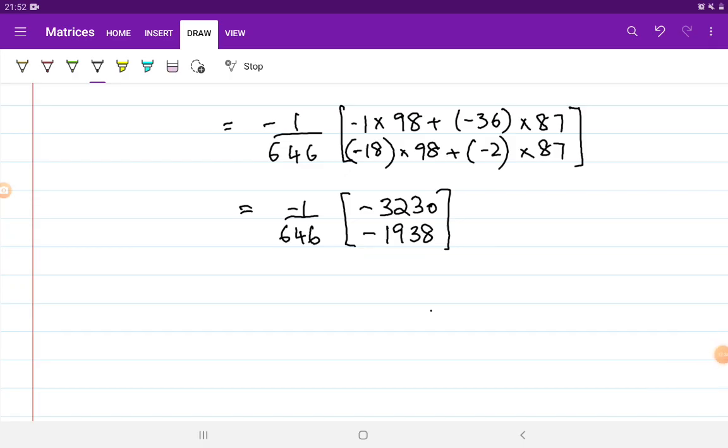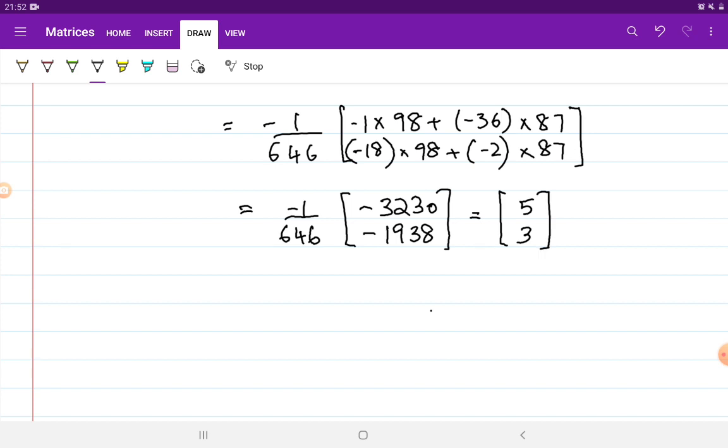So when I solve that, I get minus 1 by 646 into a column vector with the first term minus 3230 and the second term minus 1938. So this is equal to 5 and 3.